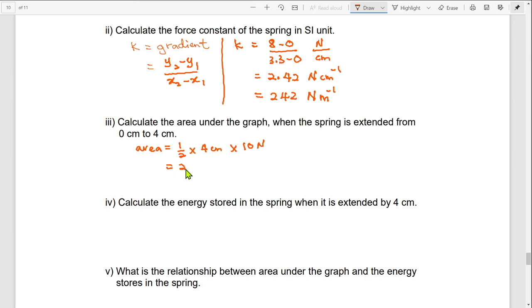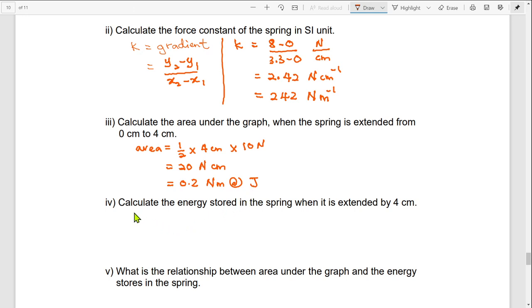I have 20 Newton centimeter. This one we can convert to Newton meter, right? If you do the conversion correctly, you should get 0.2 Newton meter, or we can write it also as 0.2 joule.